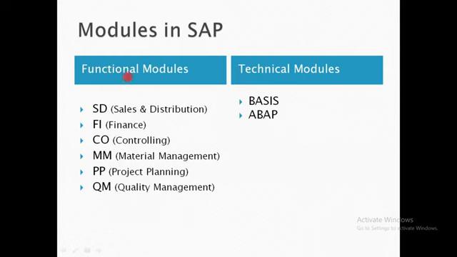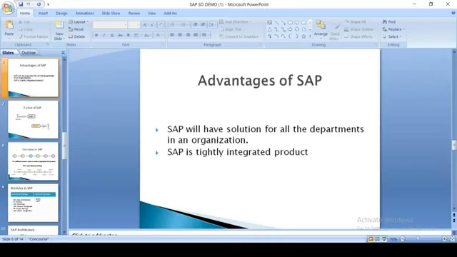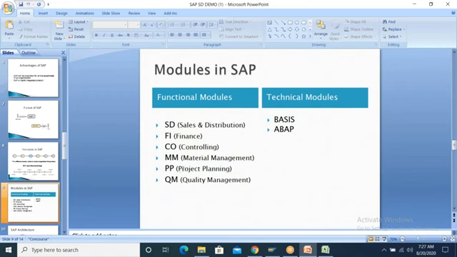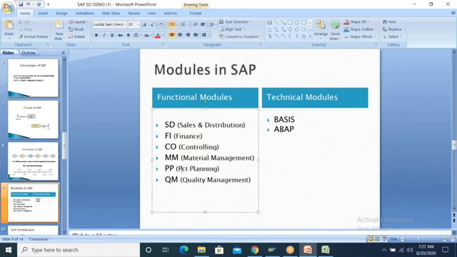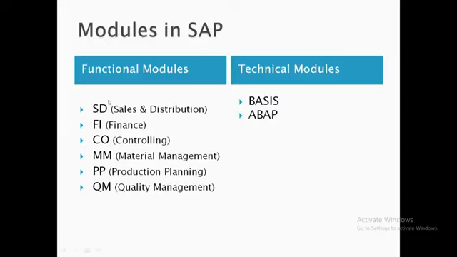Functional modules: SD, sales and distribution; FI, finance; CO, controlling; MM, materials management; PP, production planning; QM, quality management.